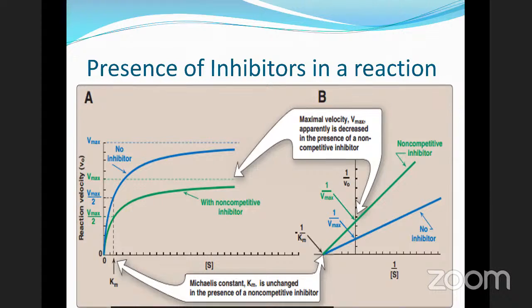So, using the analogy of the binding sites, since you change the configuration of the binding site into something else, then even any amount of substrate would not matter, even if you increase substrate concentration. In non-competitive inhibition, that would not matter.